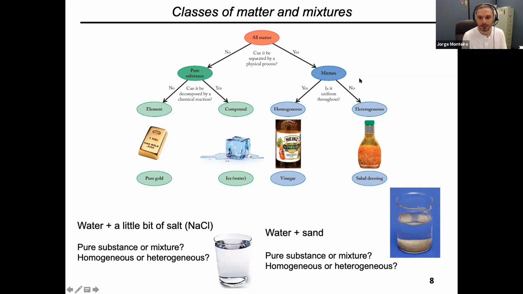And once you establish that it is a mixture, if you only see one phase, one clear phase, that means it's a homogeneous mixture. Okay, so water plus salt, homogeneous mixture. And water plus sand, again, you have two compounds here. So therefore it has to be a mixture. You see two phases, therefore a heterogeneous mixture.